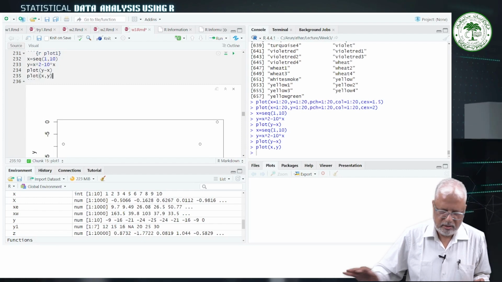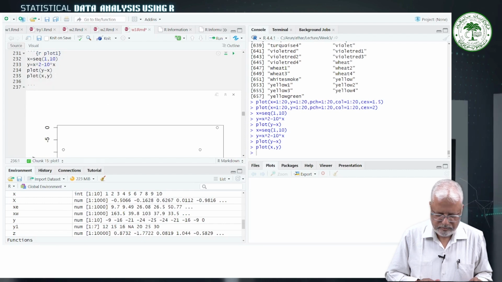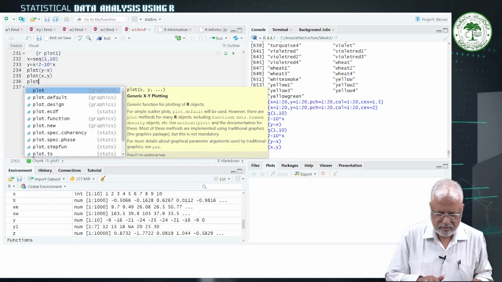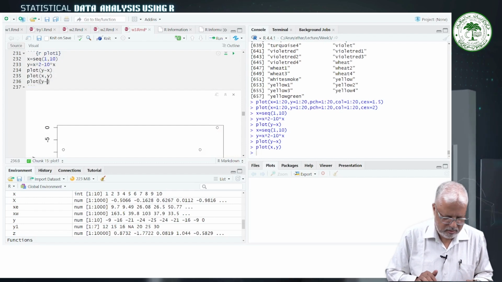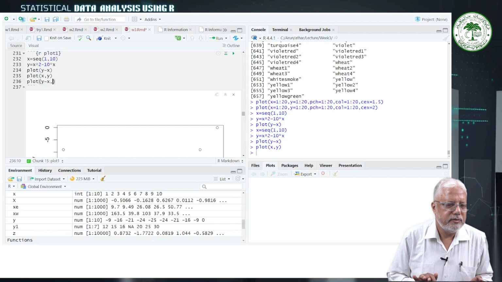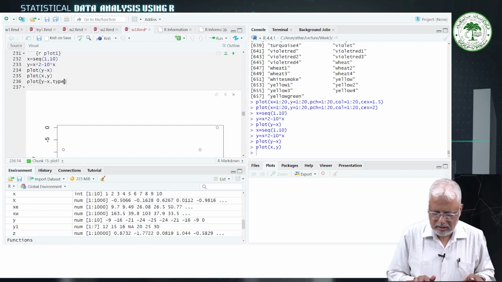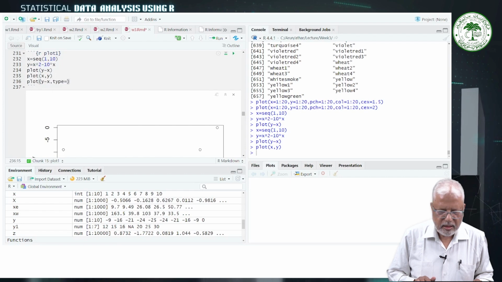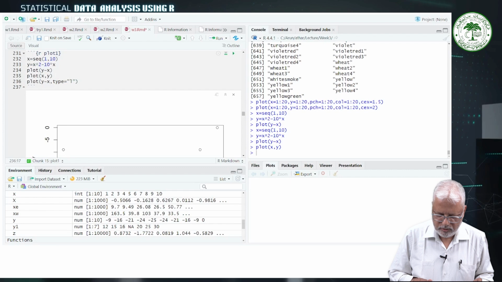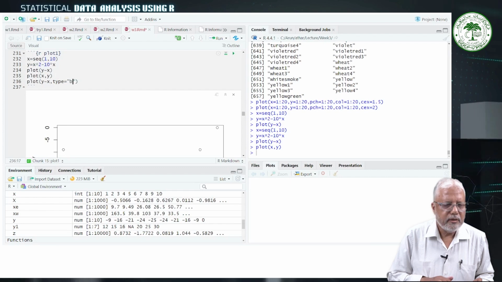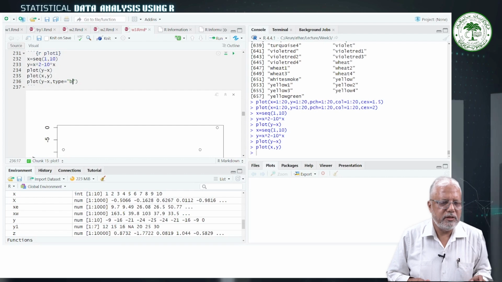For example, plot y tilde x, comma, and here we want type is equal to L, type is equal to B, or type is equal to O, which is open circles.